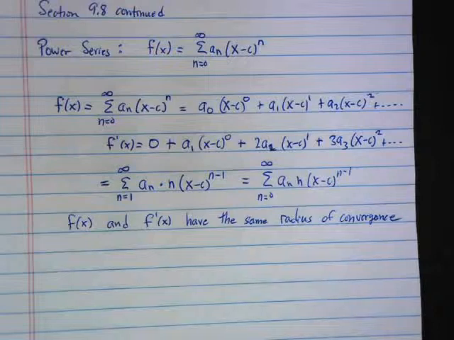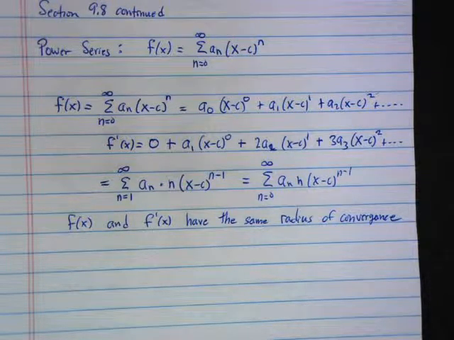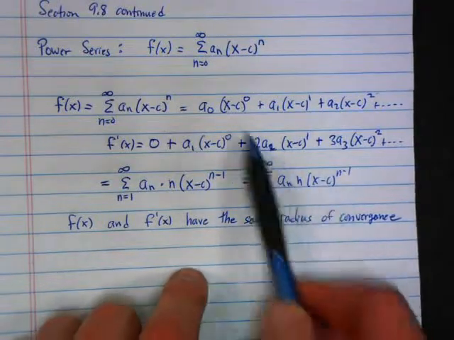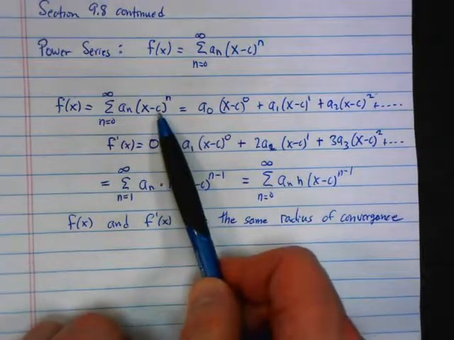What does that mean? The distance that the convergent values travel from the center is the same. Correct. But is the center the same? The center is the same, right? They're both centered at c. This one's x minus c, it's centered at c. And that one's x minus c, they're both centered at c.